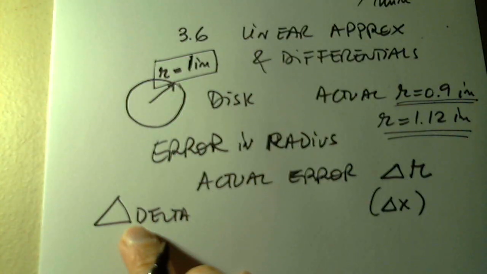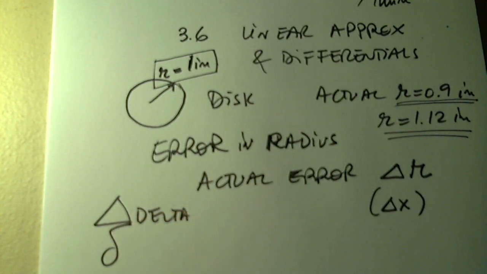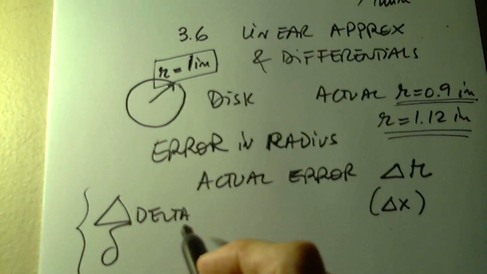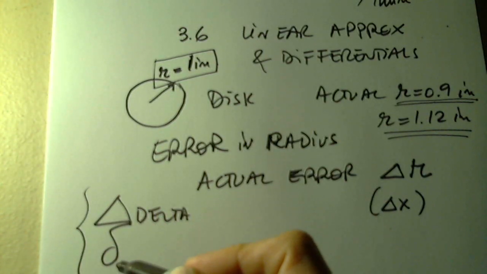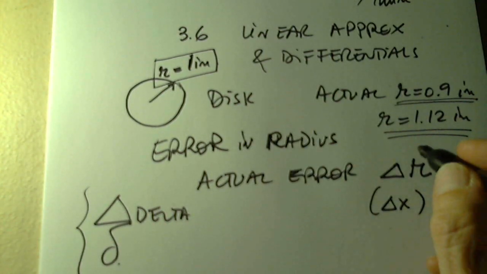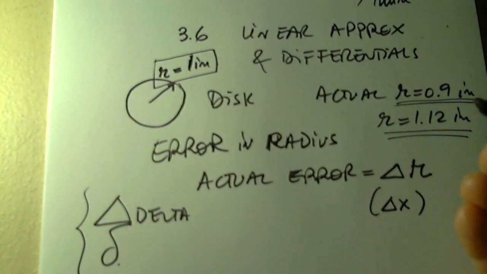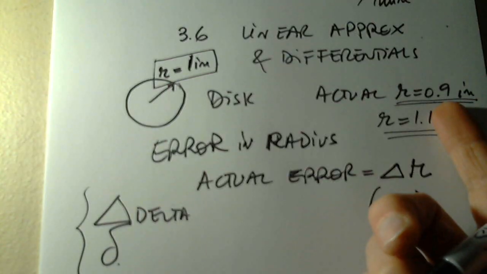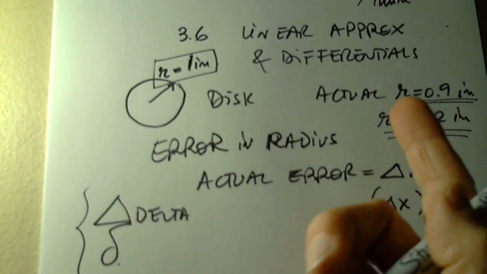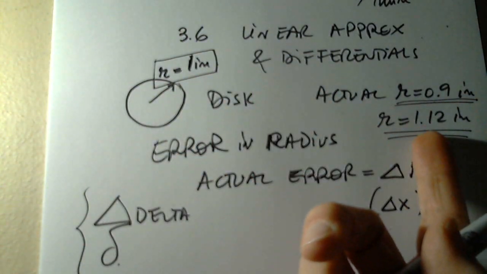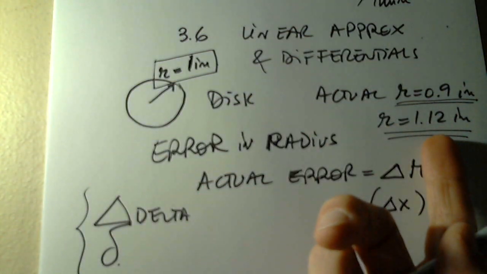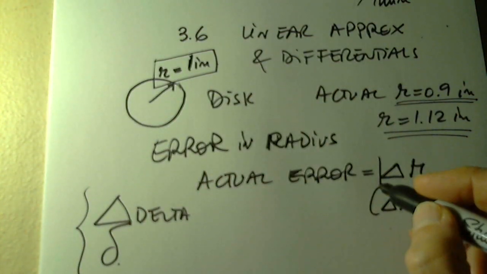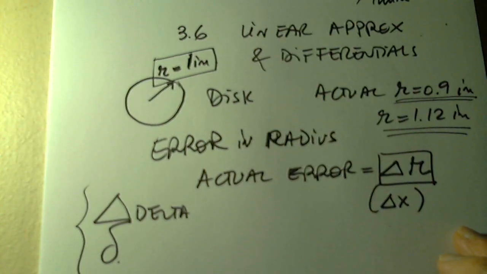This is the uppercase delta, and this is the lowercase delta, which we will not use in this class. So this is a Greek letter, uppercase delta, lowercase delta. So the actual error that I made in this case, if I'm here, it's minus 0.1. And if I'm here, it's positive 0.12. But this is the actual error.